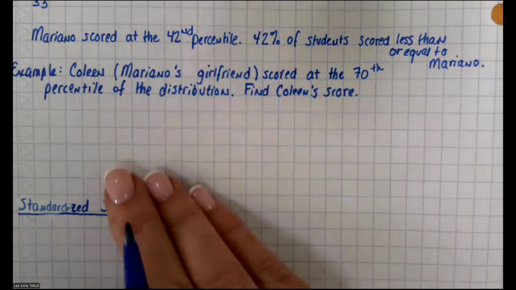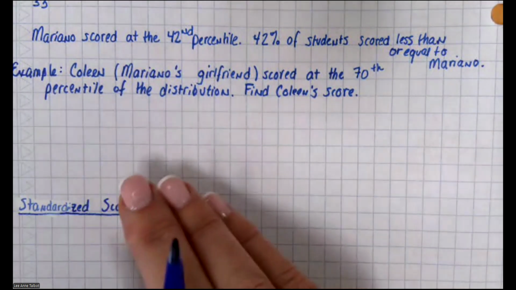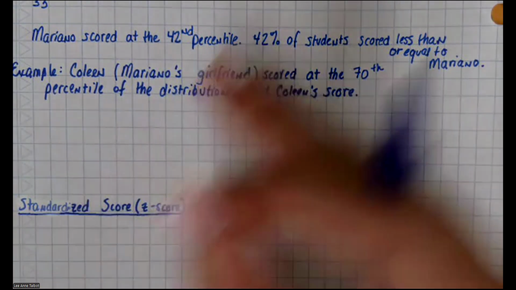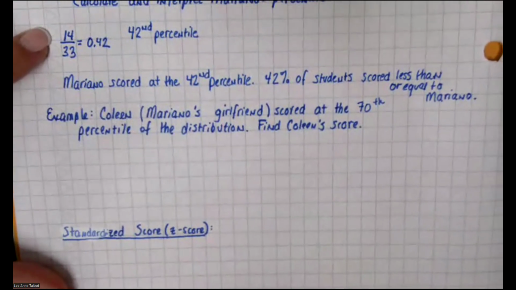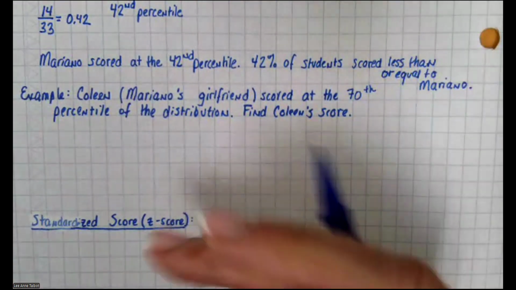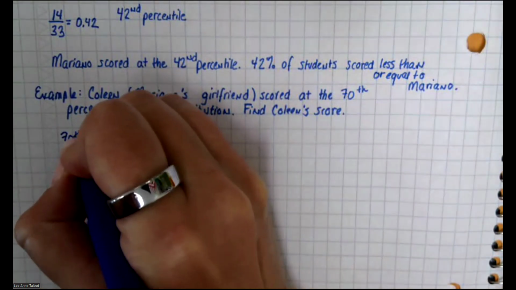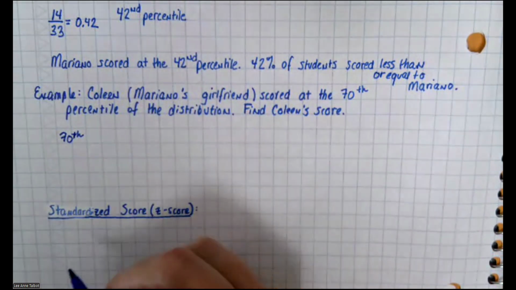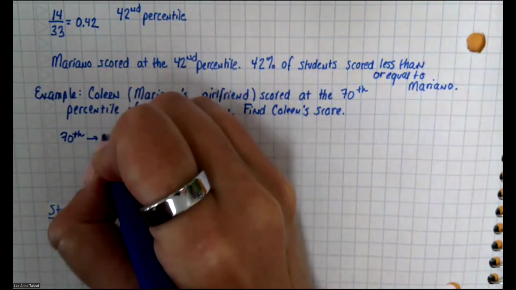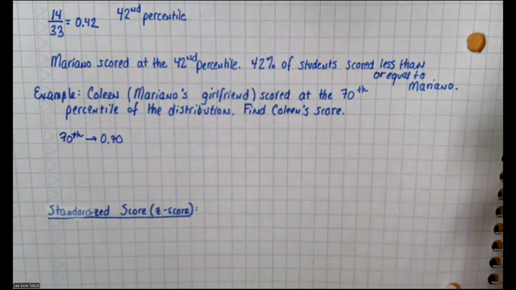Colleen, Mariano's girlfriend, scored at the 70th percentile of the distribution. Find Colleen's score. This time we're going to work backwards. In calculating the percentile from the list, we divide, so working backwards, we're going to multiply. The 70th percentile is 0.70. Does that make sense?